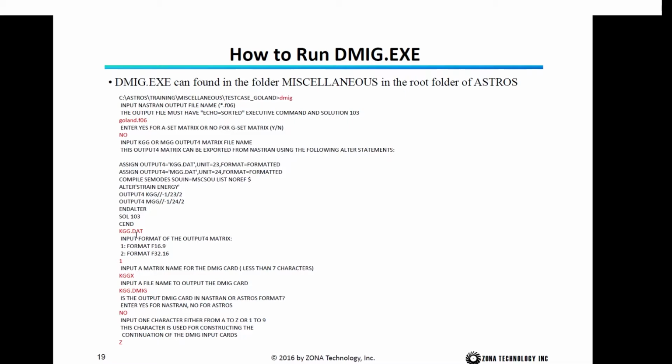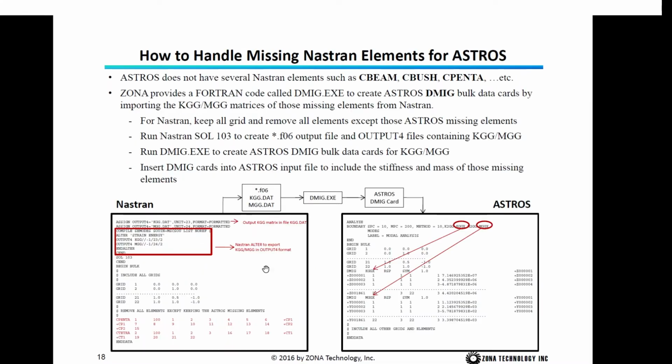So this K2G.dat is the file name output by NASTRAN via the ASSIGN OUTPUT4= command, and then input the format of the output 4 matrix. You say 1 because it's F16.9. Input a matrix name of the DMIG card, because the DMIG card will require a name of the matrix.